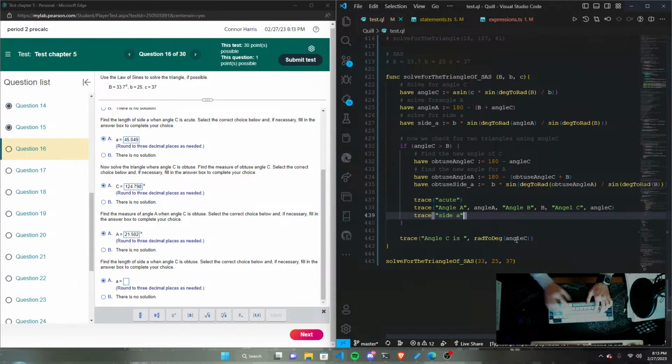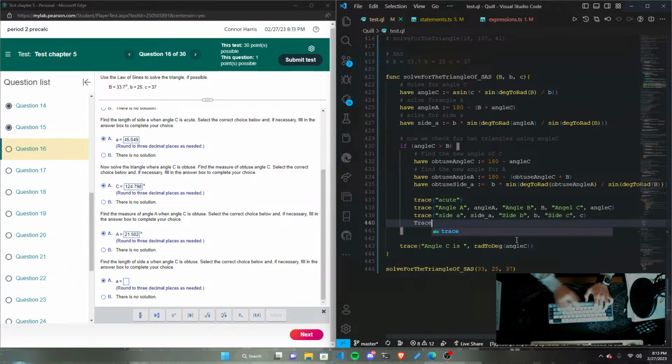So side A is side of underscore A, and then side of B is going to be B, because those, and then also same for C. So side of C is going to be C because those are our given values.